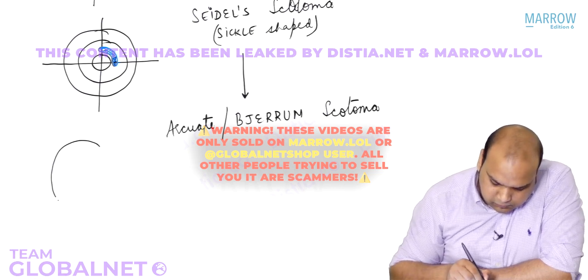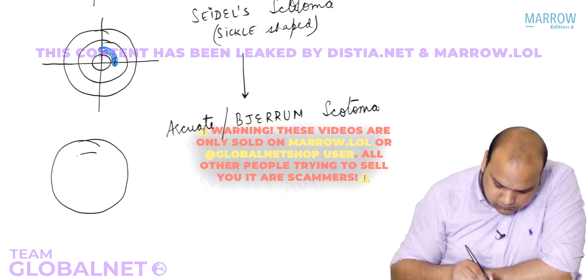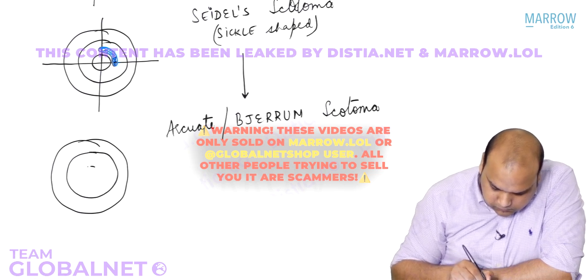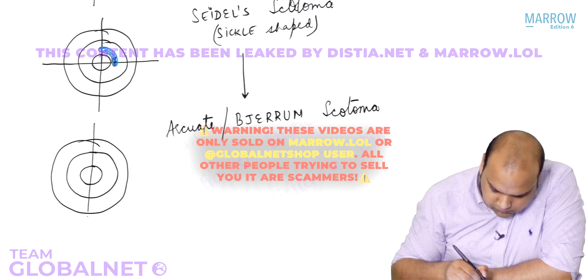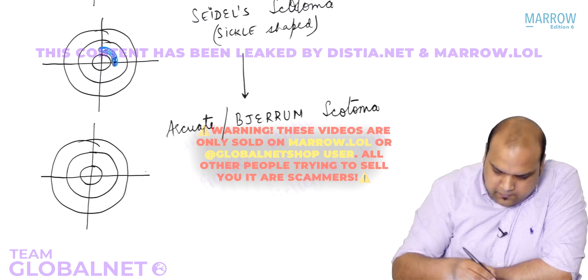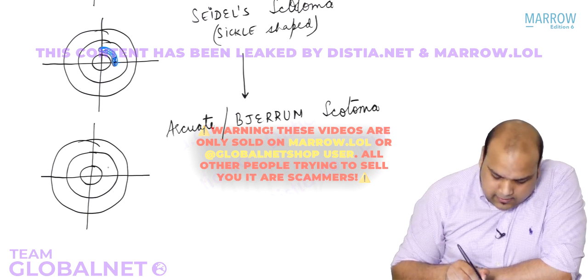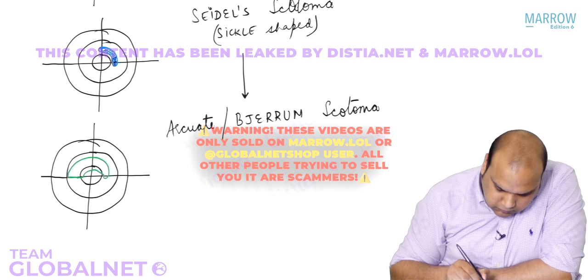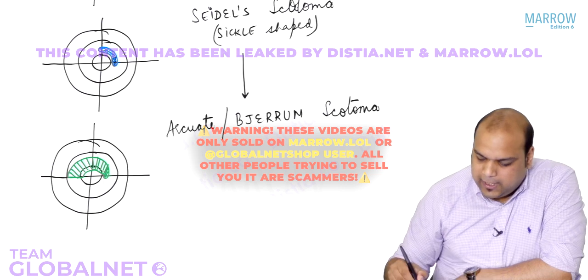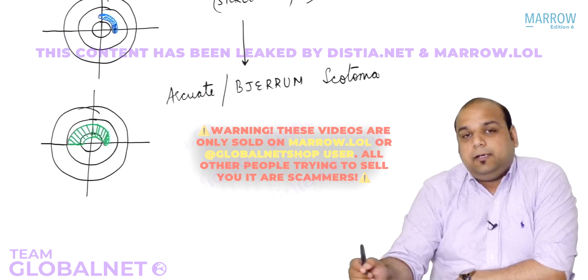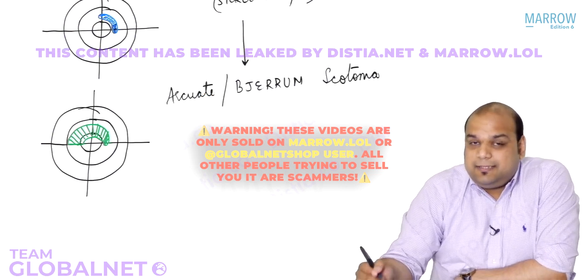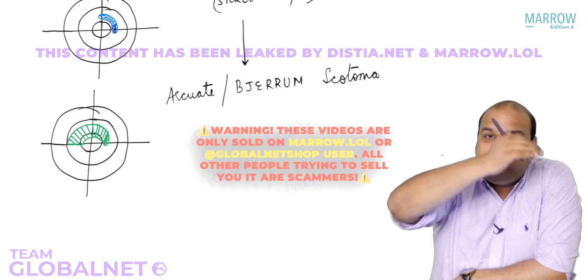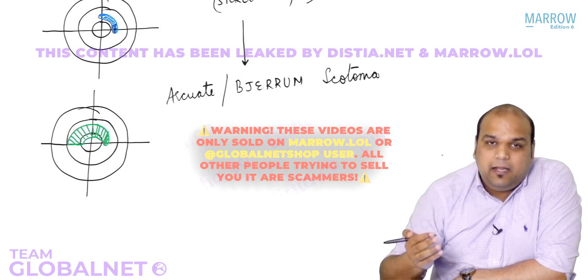Now, Bjerrum scotoma appears like this. This whole area, everybody. This is your arcuate scotoma or Bjerrum scotoma. Okay, the sickle shape has extended towards the nasal side and then affected a large area.